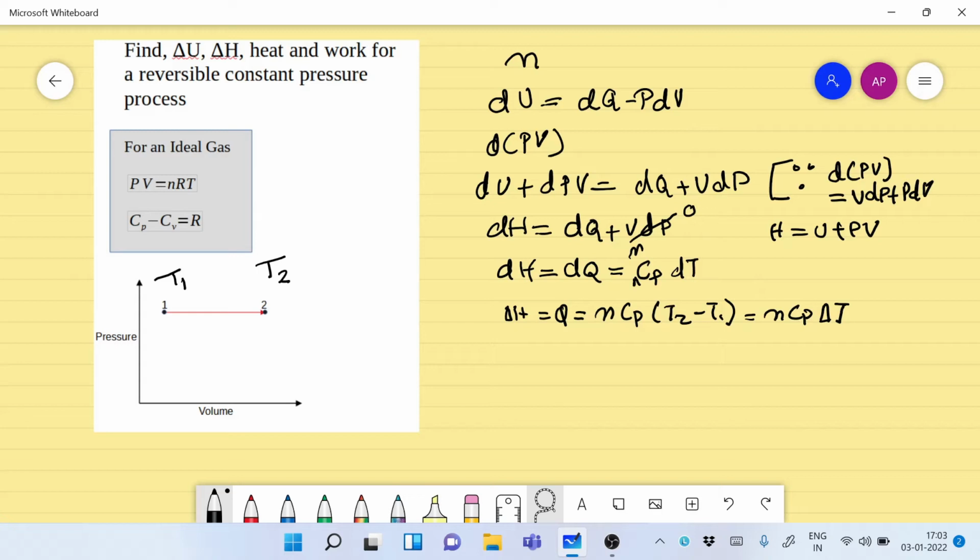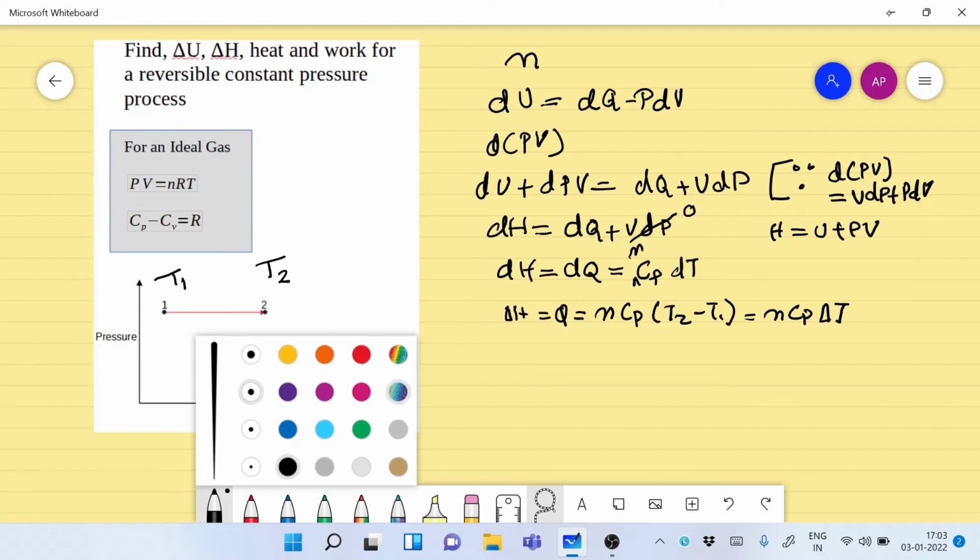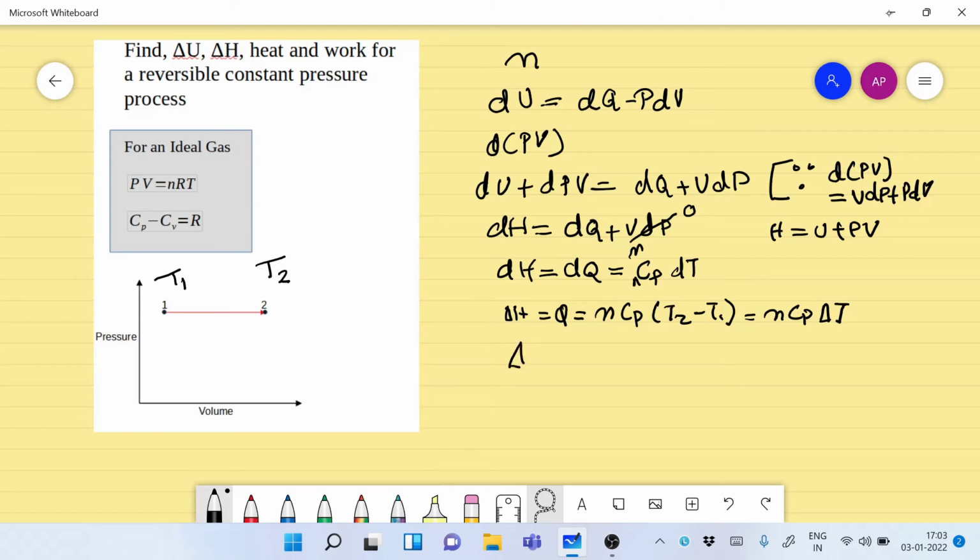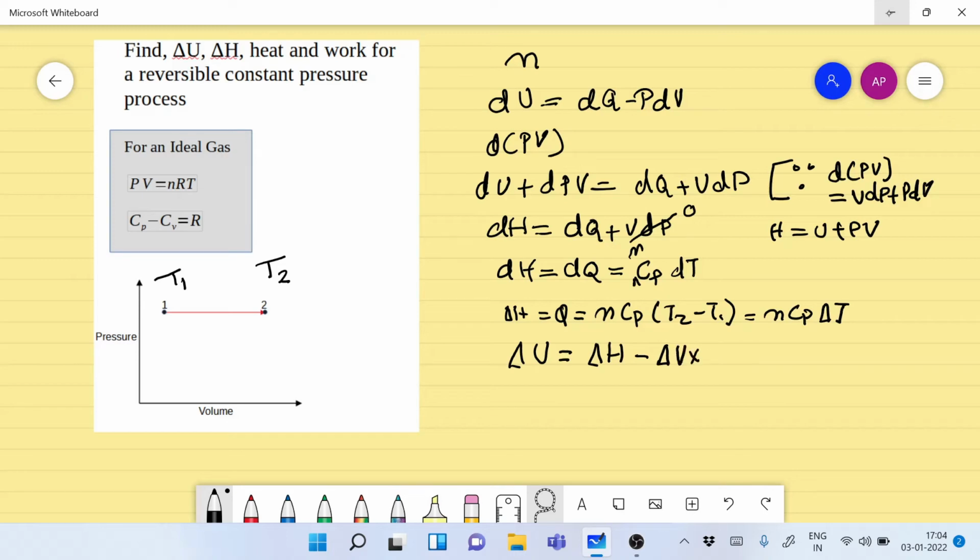Now, the change in internal energy is equal to the change in enthalpy minus delta(PV), that is, V delta P plus P delta V, since H is equal to U plus PV.